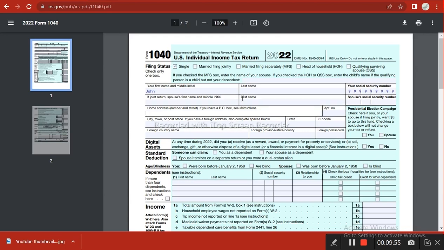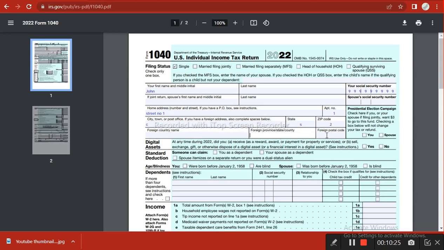After that is his home address: street number 1, apartment number 1, city or town CCC, state S, zip code 2. If he is a US citizen living for business purposes in another country, he will write the name of that country here, and the province of that country where he is living.